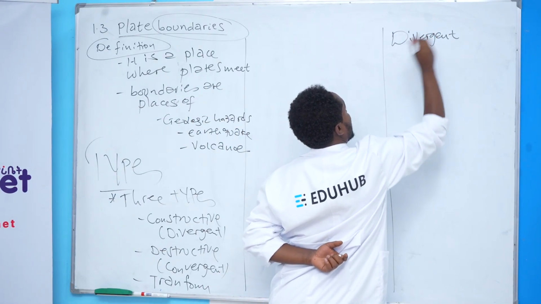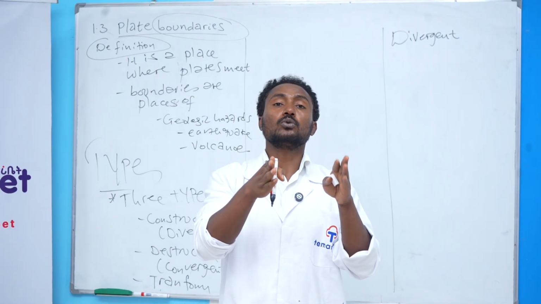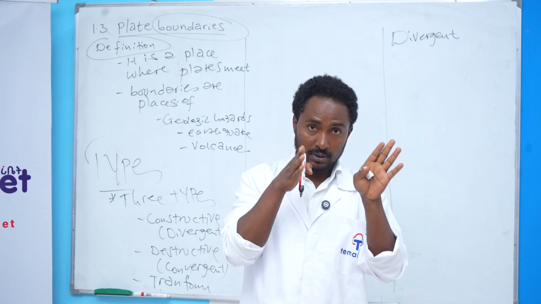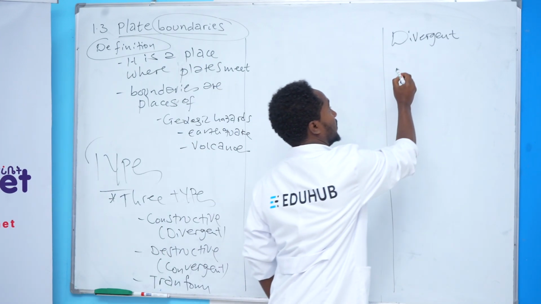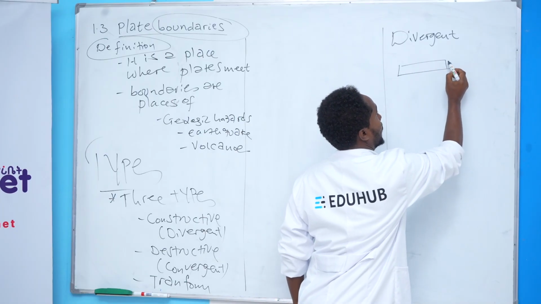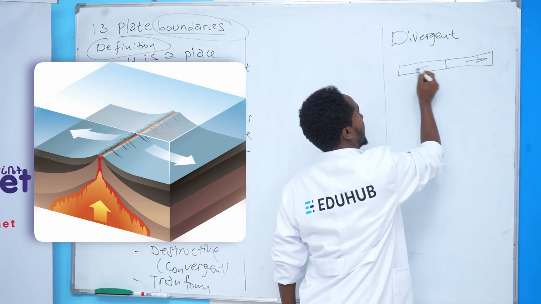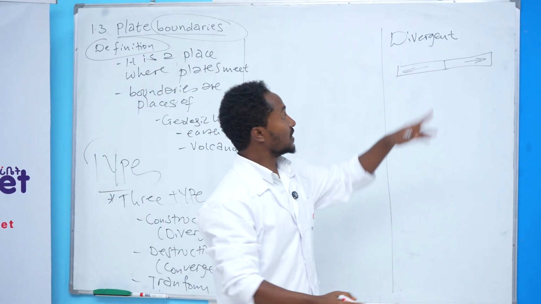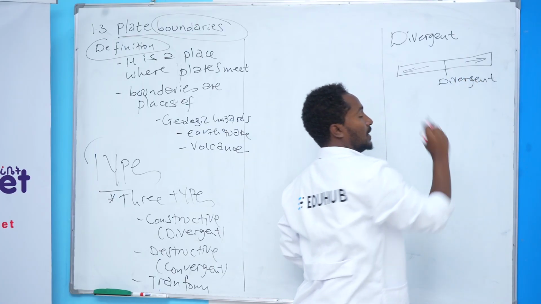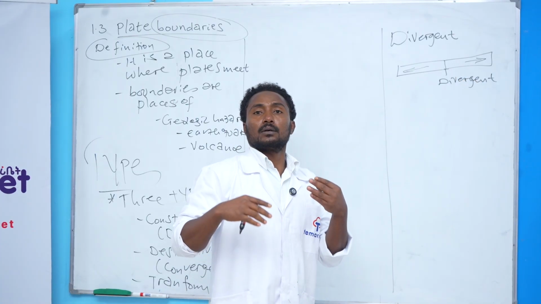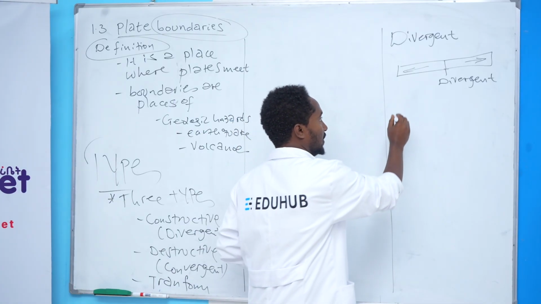Divergent plate boundaries are boundaries where two opposite plates are moving away from each other. When this one is moving in this direction and this one is moving in this direction, this boundary is called divergent. And the question is why these plates are diverging or separating from each other.